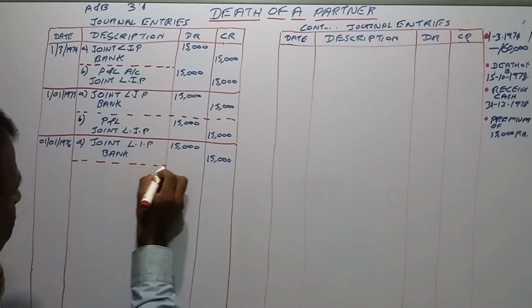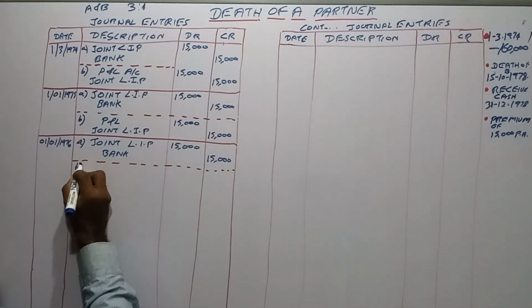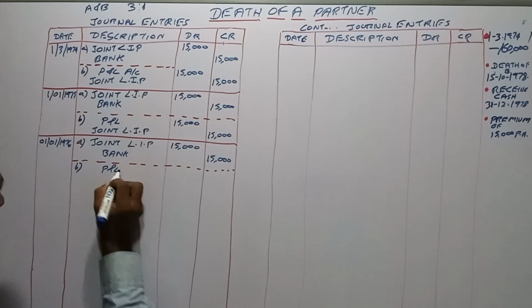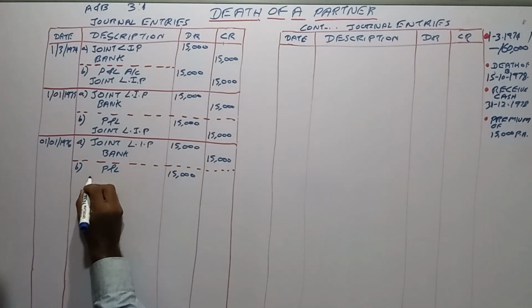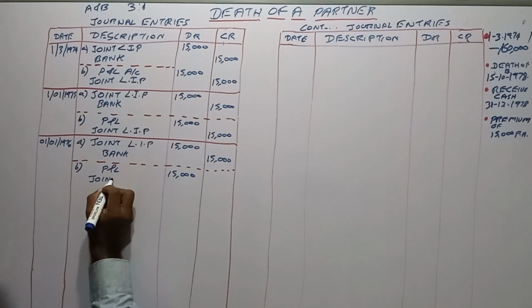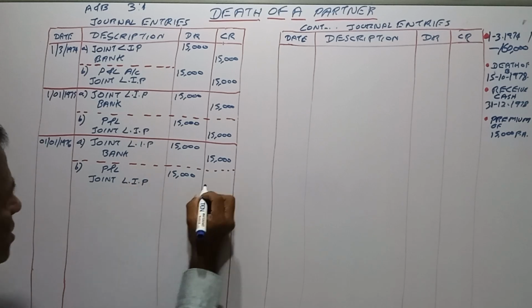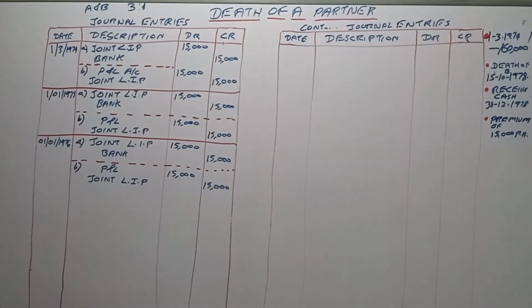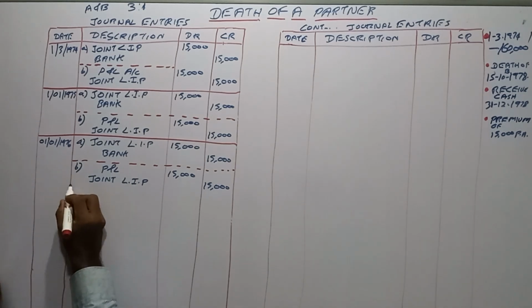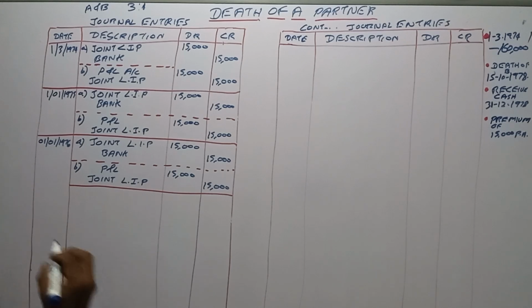Then P&L account debit 15,000 and joint life insurance policy is credited 15,000. It is the adjustment for the expenses. We have charged it to the P&L, right?